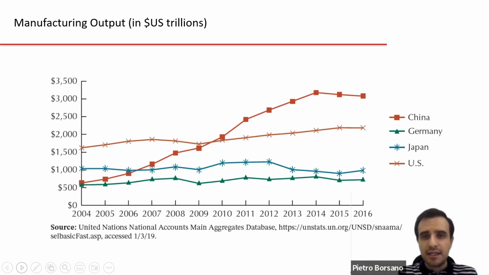At the peak in 2014, the manufacturing output of China reached 24% of global manufacturing output. A consequence of this is that now we also see companies that used to receive orders from the US, Japan, and Europe, and produce them in China, Hong Kong, Taiwan, and so on.